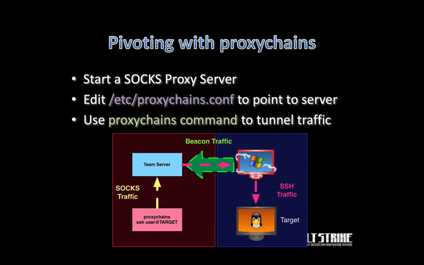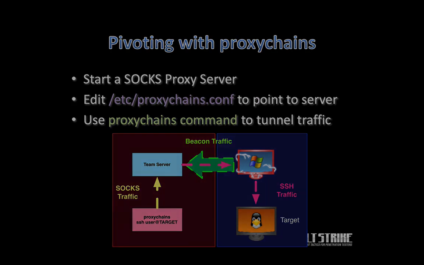And to use Proxychains, open up /etc/proxychains.conf in your favorite text editor, go to the bottom, and point it to your Beacon SOCKS proxy server. Then you can run proxychains, whatever command you want, and any outbound TCP connections that program tries to make will be forced through the proxy configuration in your /etc/proxychains.conf file.